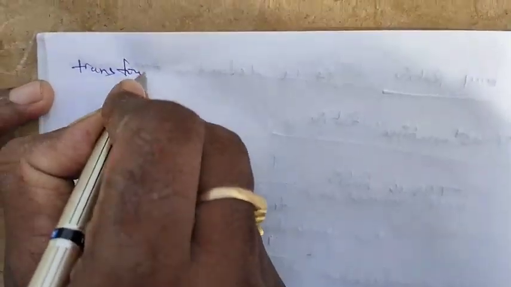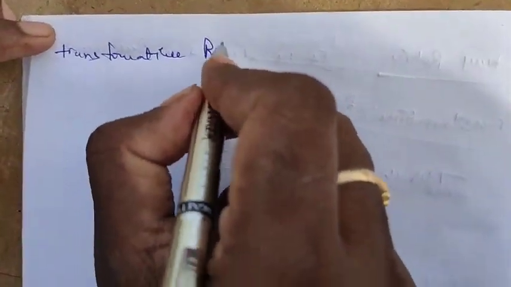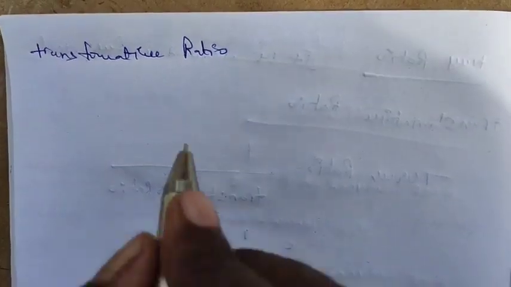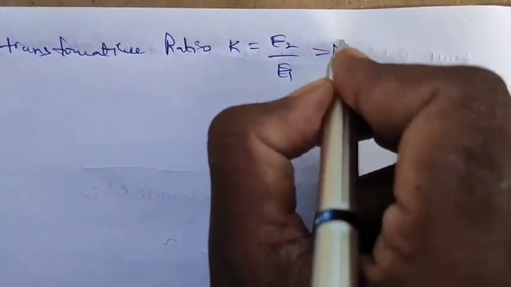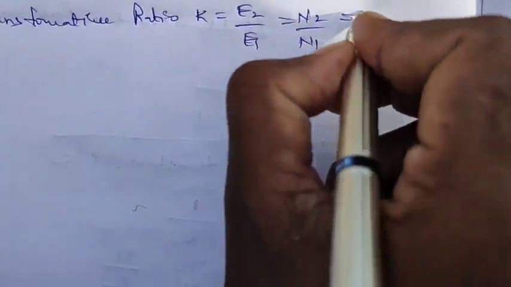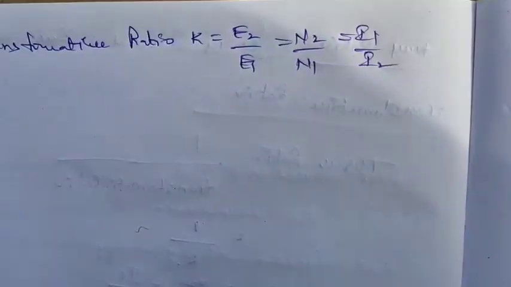In these problems, first we determine transformation ratio K, equal to E2 by E1, N2 by N1, I1 by I2.